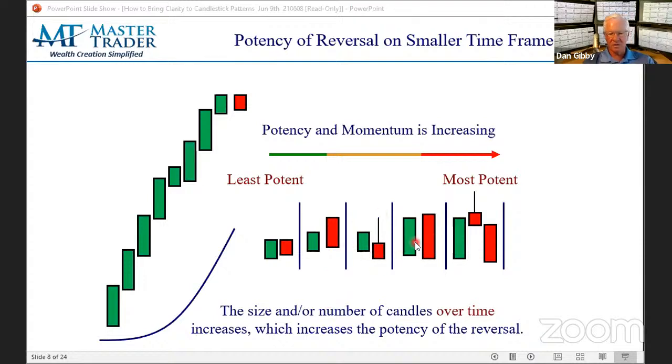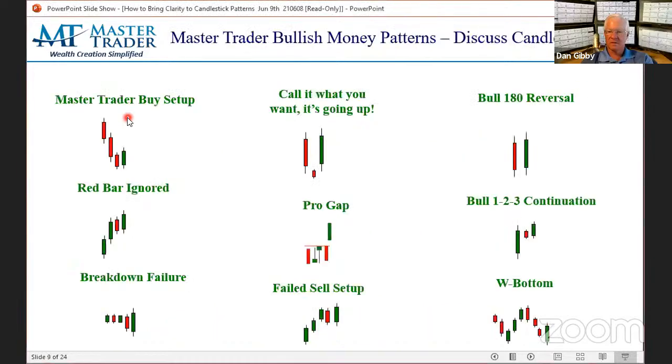This one is what we call a bear 180 reversal. This one's also a bear 180 reversal, but with another bar in the middle, which is more resistance. So this is a much more potent reversal if you're going to want to try to fade something like this. But yeah, we'll look at Mara later.